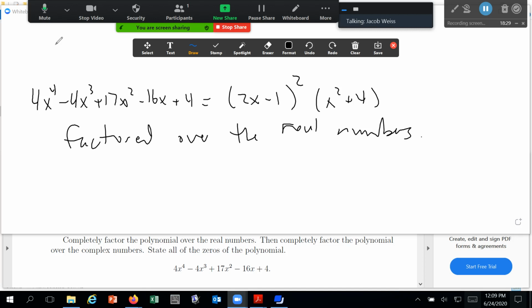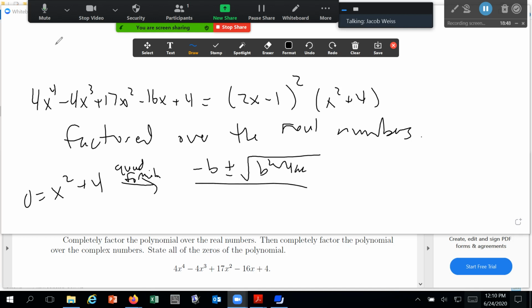Because again, if I take x squared plus 4 equals 0 and use the quadratic formula, I get negative b plus or minus the square root of b squared minus 4ac, all divided by 2a.